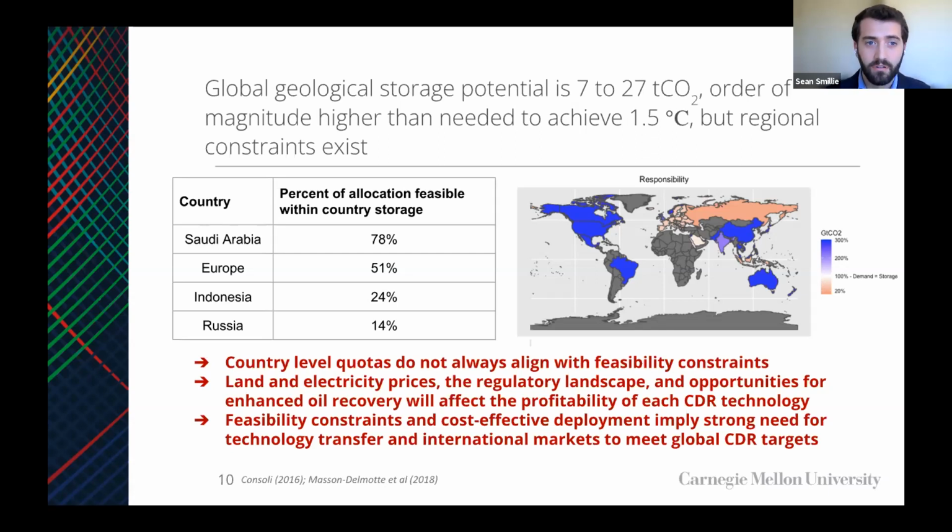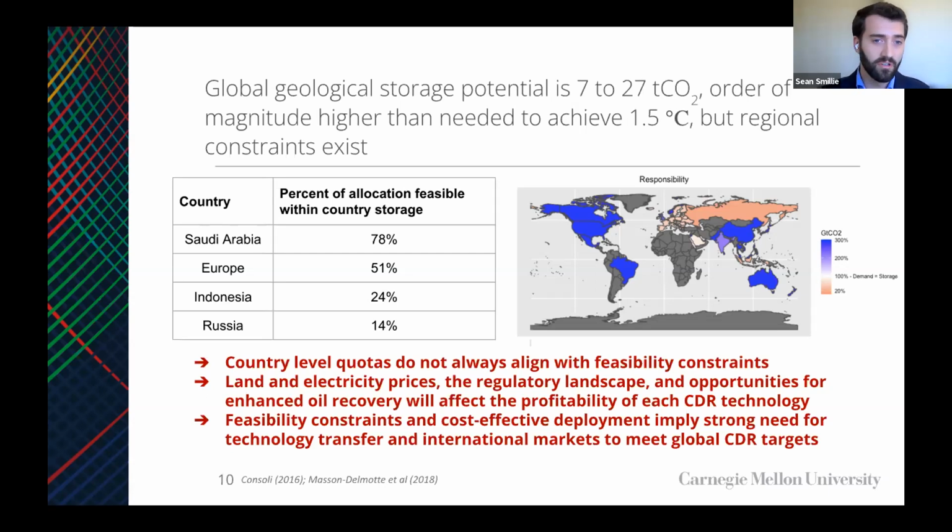However, regional constraints do exist. As one example, under the responsibility allocation, Saudi Arabia, Europe, Indonesia, and Russia were all identified as having insufficient capacity to meet their quotas, and regional constraints exist under other allocation principles as well.